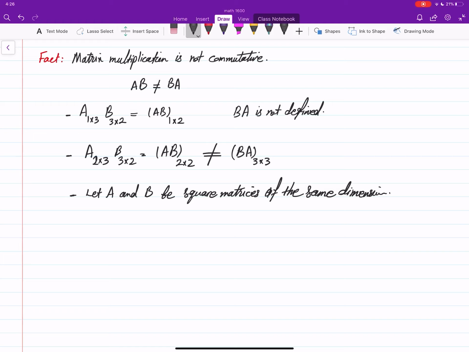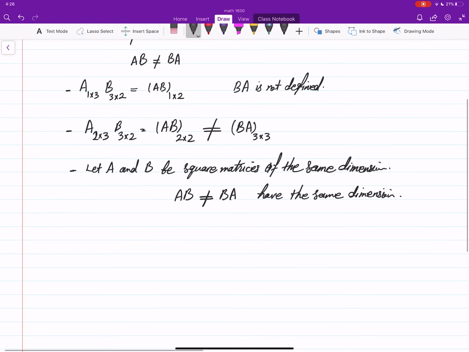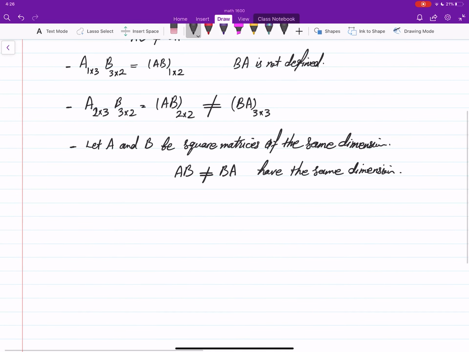Then, well, obviously you can multiply A to B and B to A, and they're going to have the same dimensions. But this doesn't stop here. Still, you can have AB and BA both defined having the same dimension, but the result may not be equal.